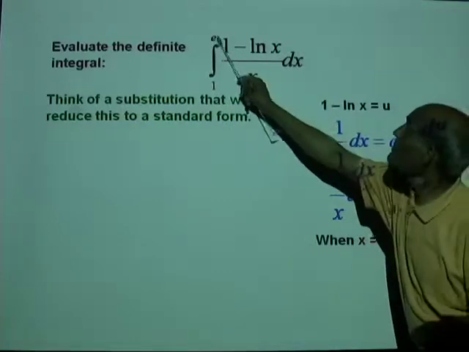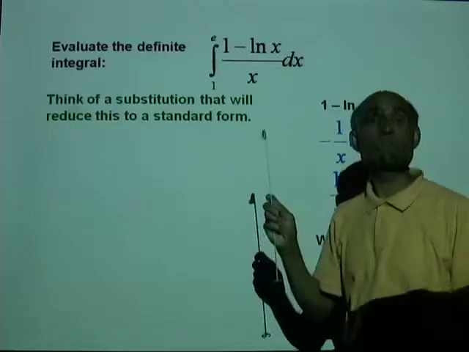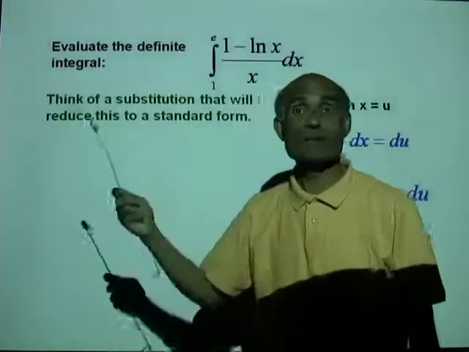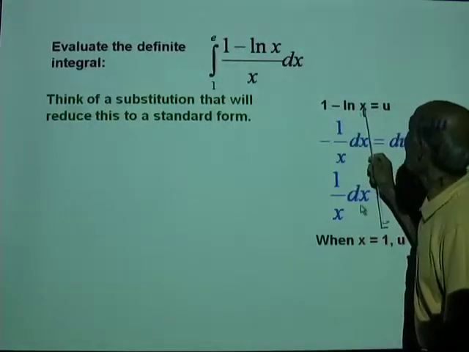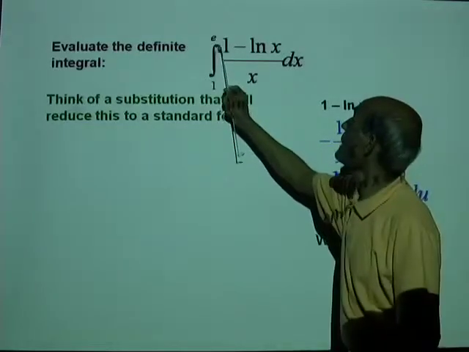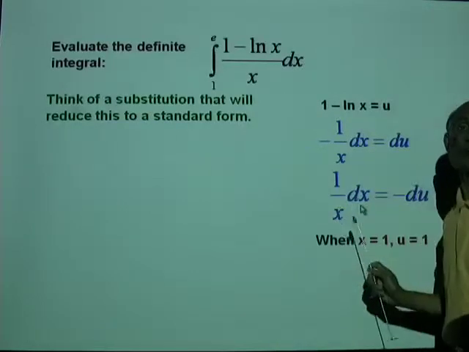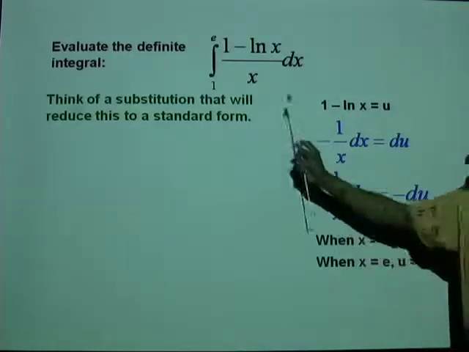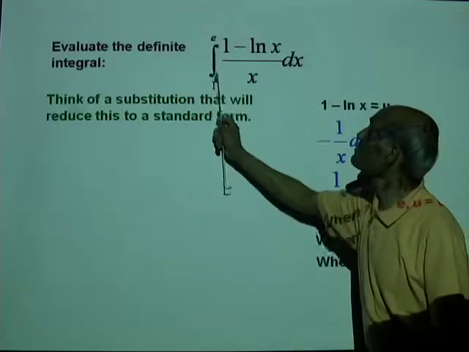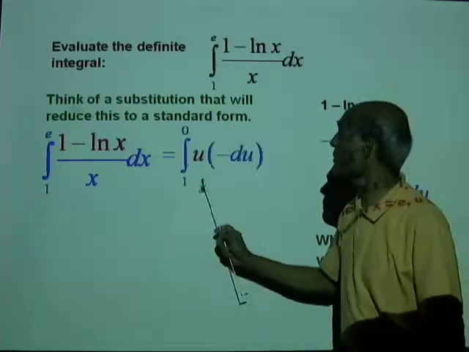When x equal to e, what is ln of e? ln of e is 1. 1 minus 1 is 0. So when x equal to e, u equal to 0. There you are. So your limits, in place of 1 to e, will become 1 to 0.